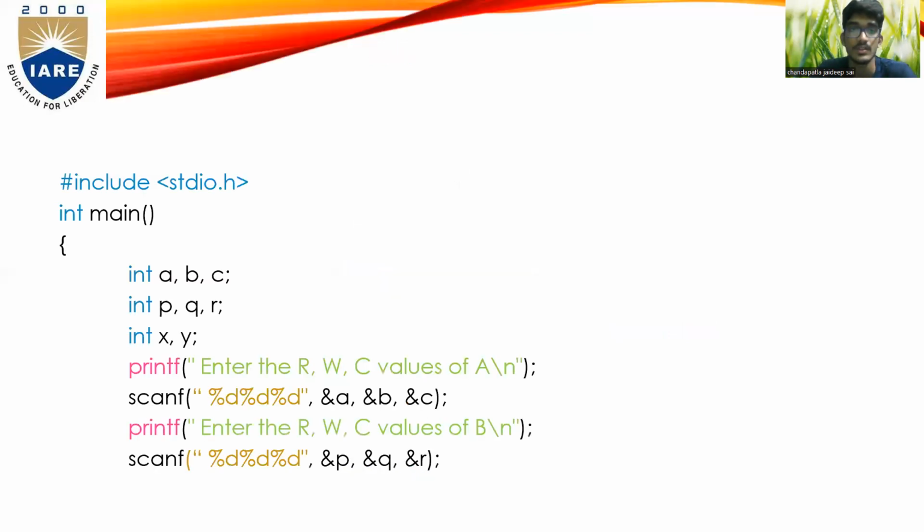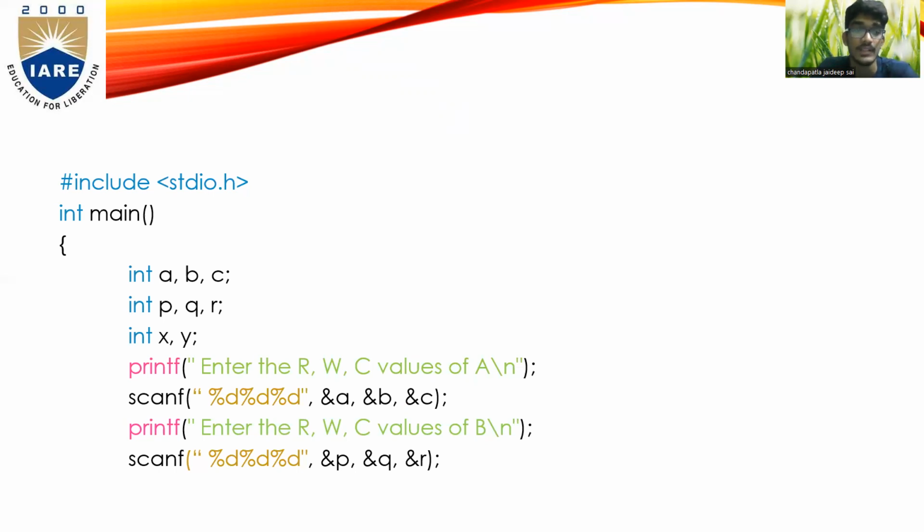Now coming to the code, first we have to type hash include stdio.h. So in this statement, we are making the compiler understand that we have to include the libraries of the C language. That is, stdio.h means standard input output.